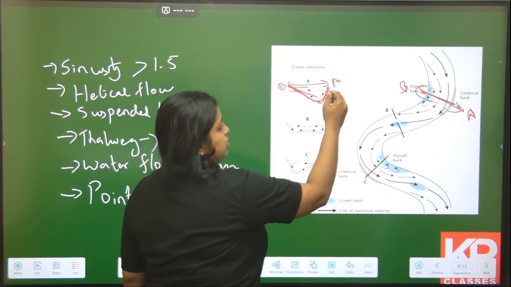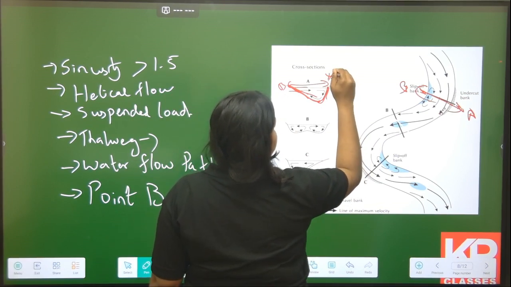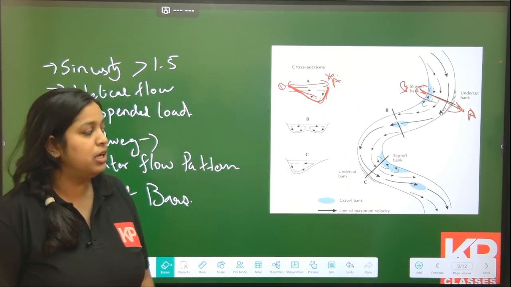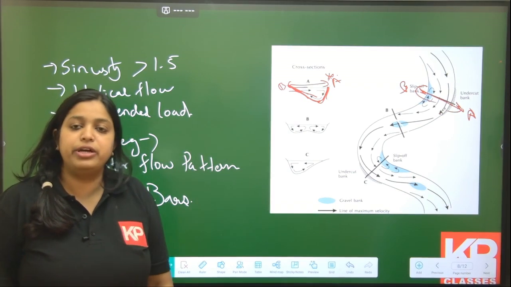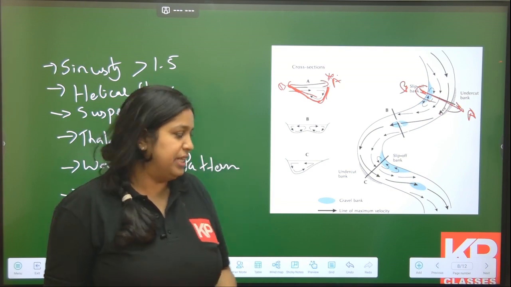This is because the A side is the concave side where undercutting and erosion are higher, whereas the B side is the convex inner side where the deposition takes place.